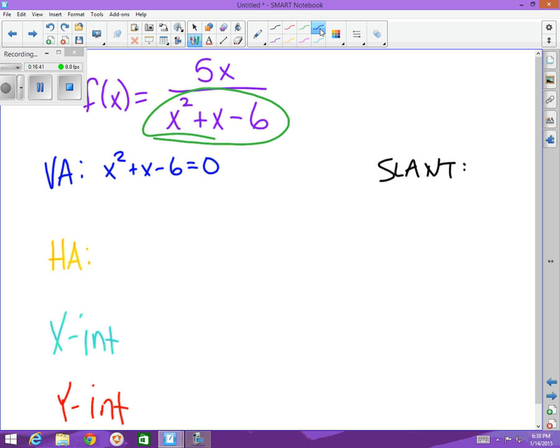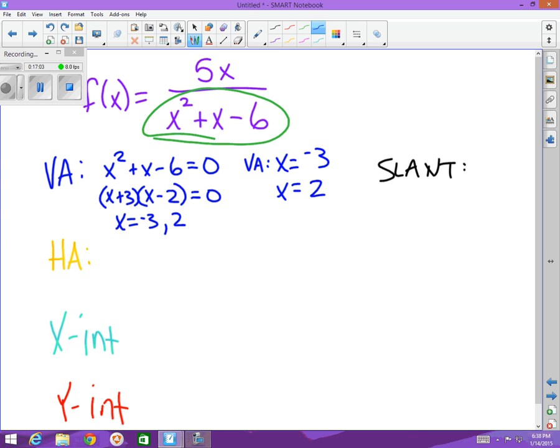Are there factors of negative 6 that add to 1? Yes, there are. They would be x plus 3 and x minus 2 equals 0. And so then x is equal to negative 3 and positive 2. So our vertical asymptotes are x equals negative 3 and x equals 2.